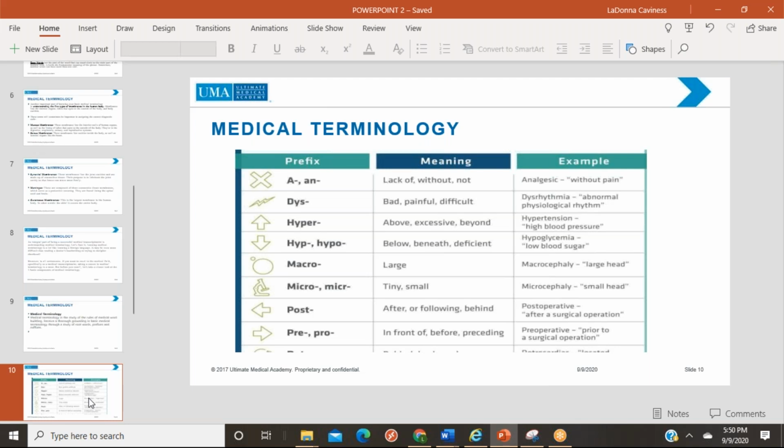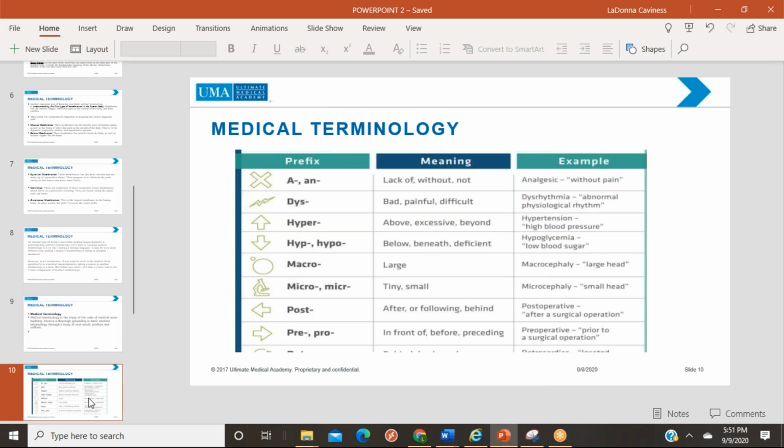Here's another example, hyper. Hyper means above, excessive, or beyond. And here's an example of its use: hypertension, which equals high blood pressure. Let's take a look at hyper and hypo.